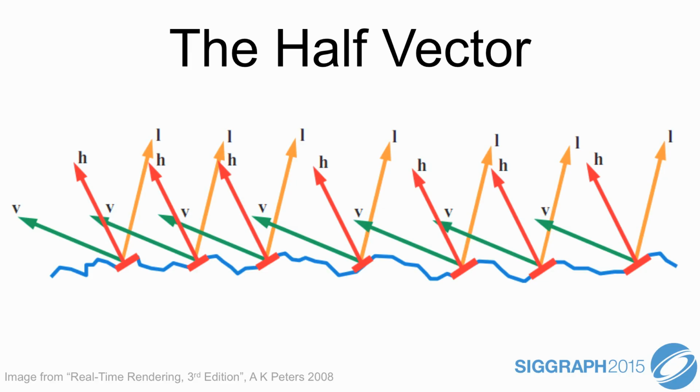Any microfacet that's aiming in even a slightly different direction will be bouncing L into some direction that's not V, and will not contribute to the BRDF. So this direction is the half vector H, and the half vector H is very common in physical shading models, but it's important to note that this is its actual meaning. The half vector H is very simply the direction in which the microfacets need to be pointing.